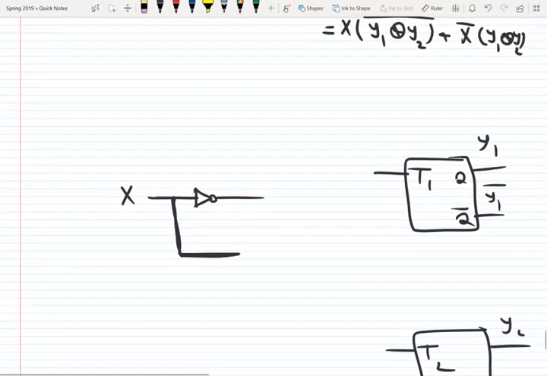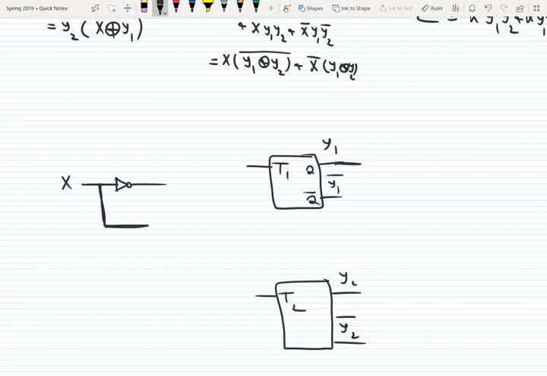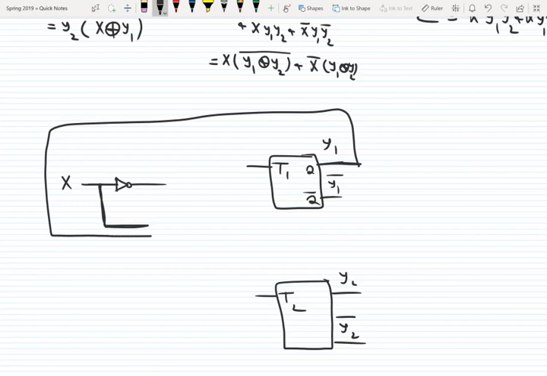So X and Y1 go into the XOR together, and this one is ANDed with Y2 and connected to T1.